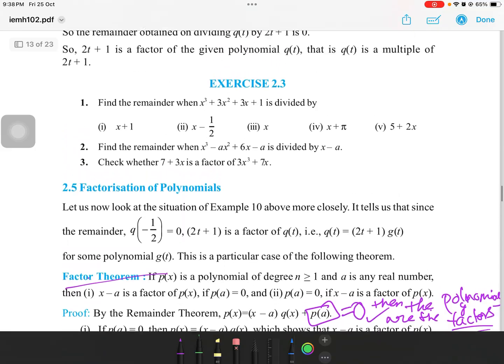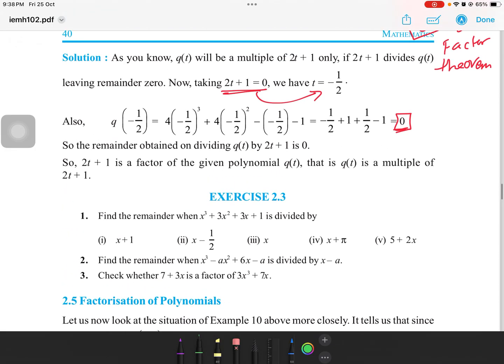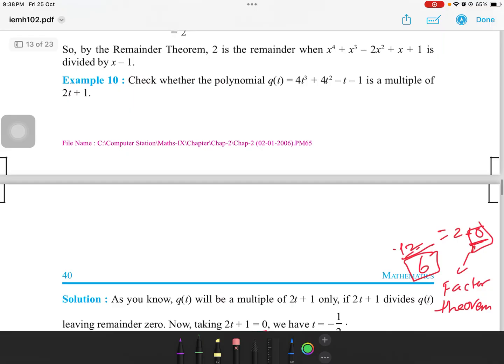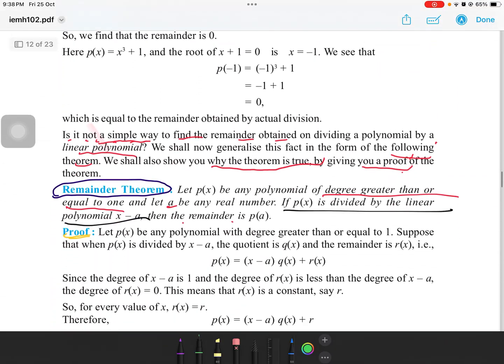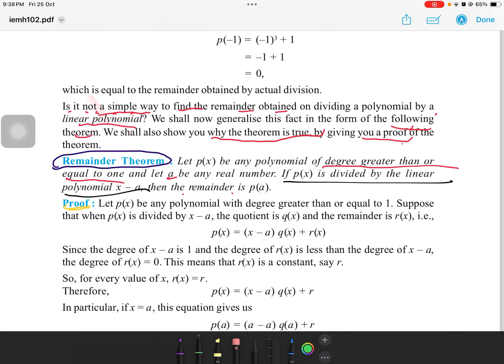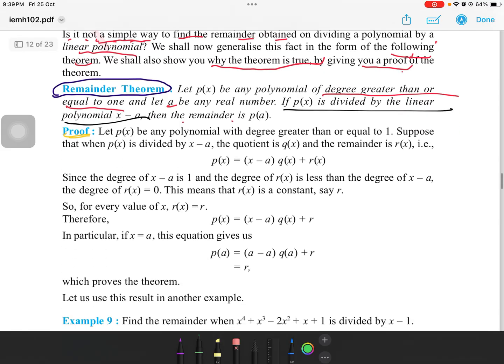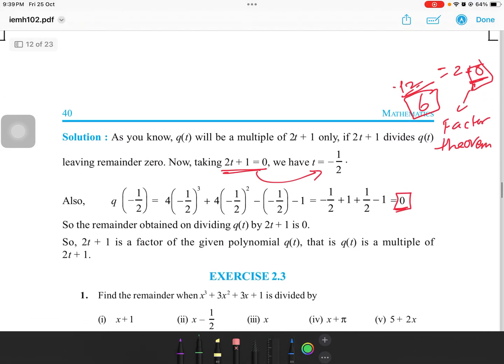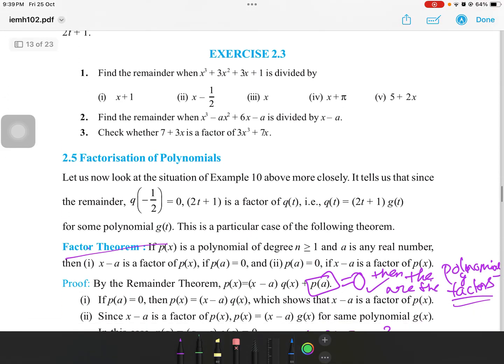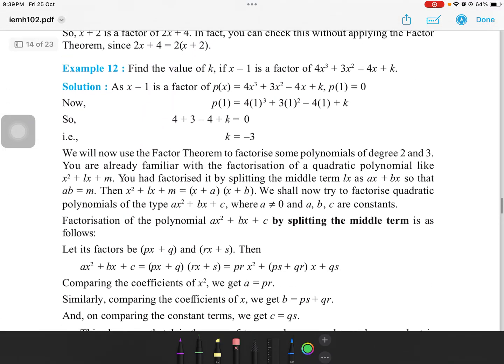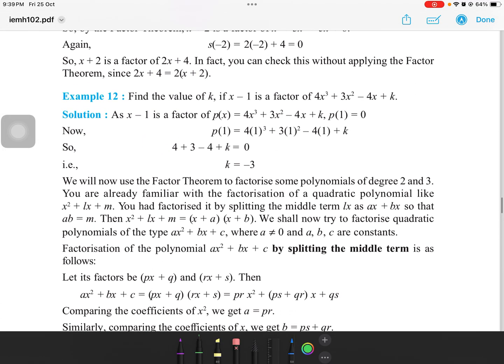Now this video is going to be short because I want you to understand factorization of polynomials, mainly the remainder theorem. I expect you to practice this again and again, and to read all of what I told you to read initially. I'll give you some time, and you should be thorough, and then we'll move on to the next. From example 12 you're going to learn two methods.